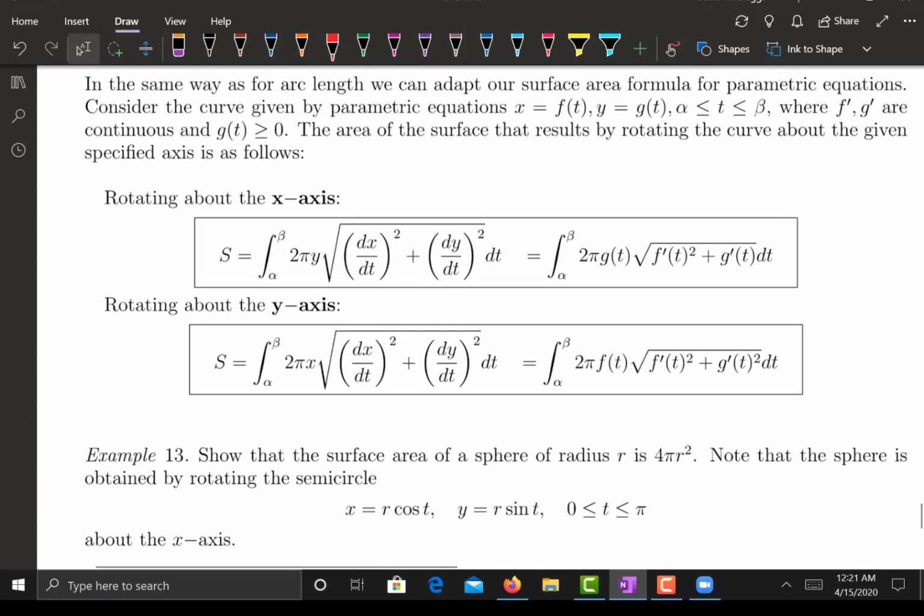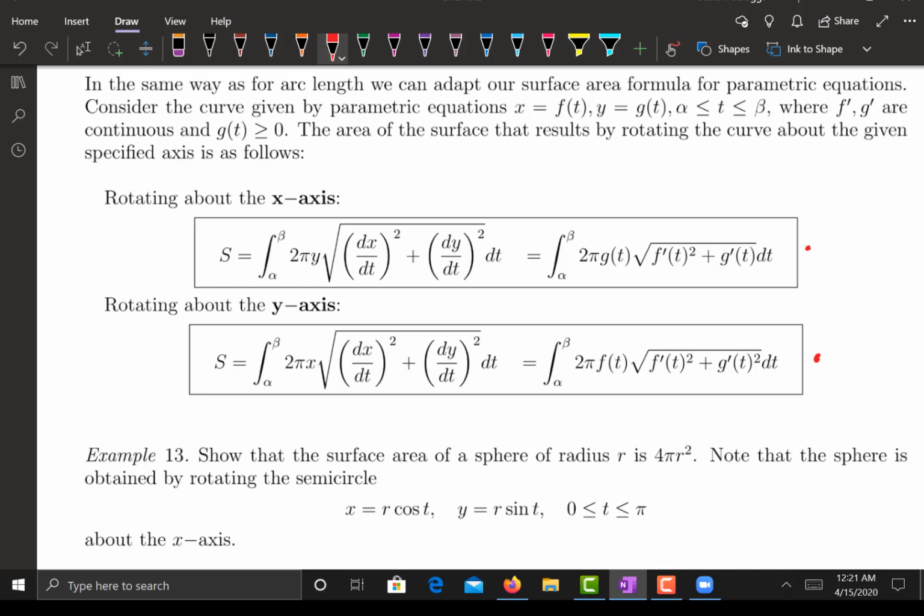And now the last thing we get to talk about is surface area. Using all the techniques that we talked about so far, here are our surface area equations in terms of rotating about the x-axis and rotating about the y-axis.